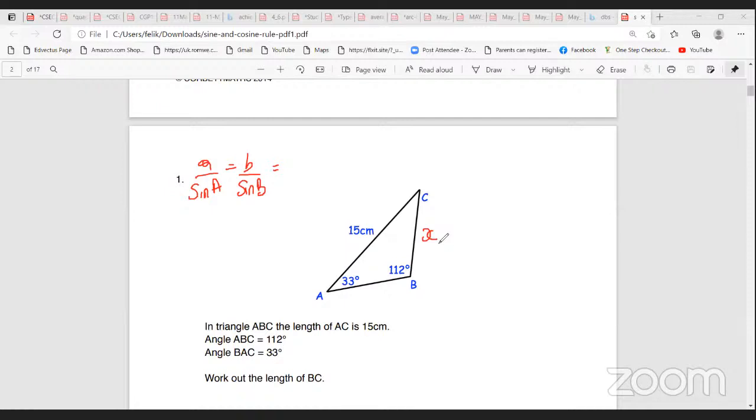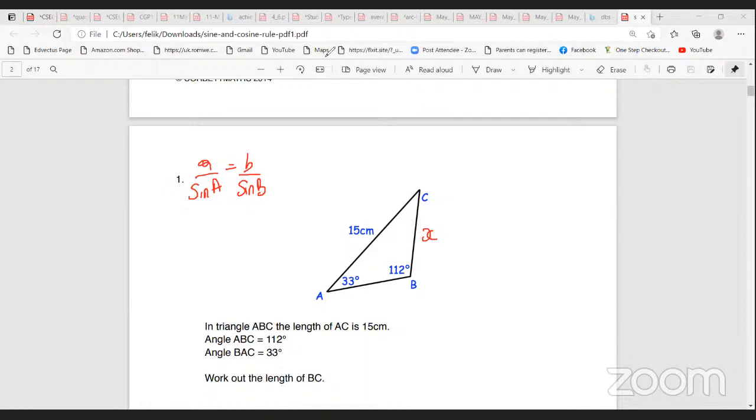That's what we're asked to find. Given that, we don't need to write out c over sine C. We just need two, so we just need a over sine A equals b over sine B.